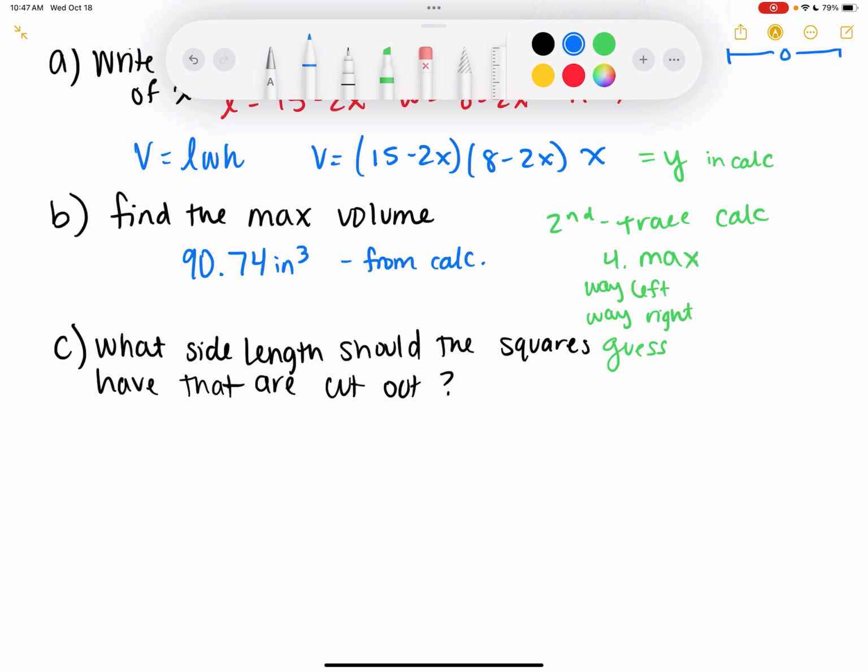Like a lot of sixes. Yeah, so I'm going to say 1.67 inches, and again from the calculator. So by finding the max volume, it occurs wherever that x value is. Does that make sense? Okay.